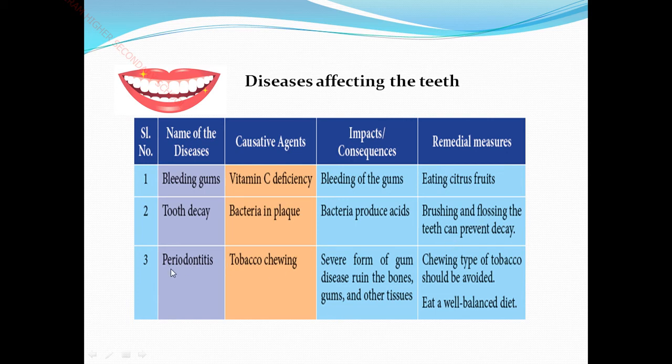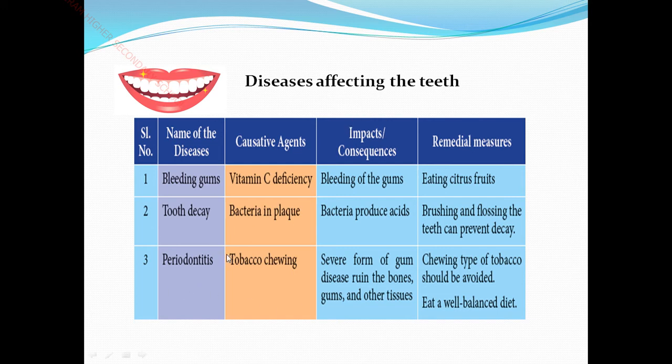The other kind of disease is periodontitis. This is due to a main thing called tobacco chewing. Severe tobacco chewing is a very deadly thing. You might have seen before the start of a film, tobacco chewing is injurious to health, and you can see the advertisement of a person suffering from cancer due to chewing of tobacco.